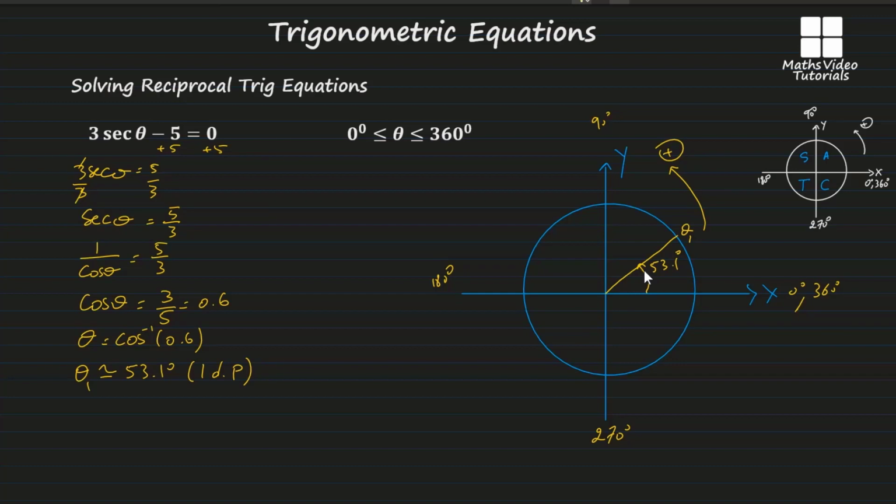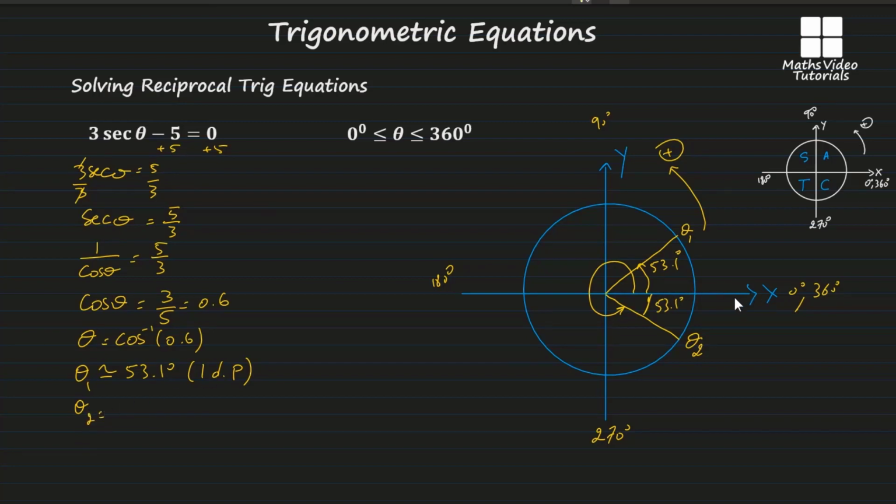This one here is the first one. There will be another one here. We're going to call it theta 2. Now, the angle here is the same as 53.1, but the angle theta 2 will be all this. In order to calculate it, it will be easy.